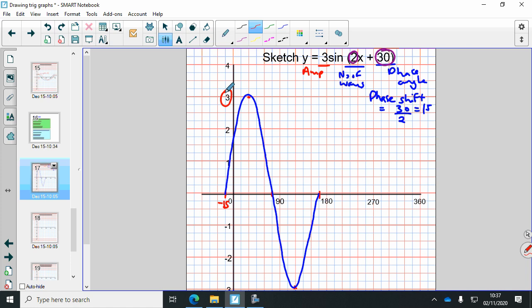You've got two waves between 0 and 360. We've just drawn the first one. So your first wave will be there. Your second wave will be in that space there. And this minus 15, this is the hardest bit, comes from the phase angle, the 30, divided by the number of waves being 2.